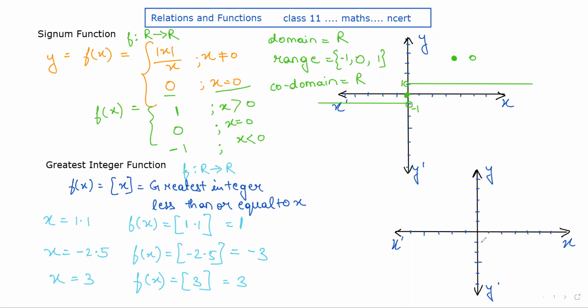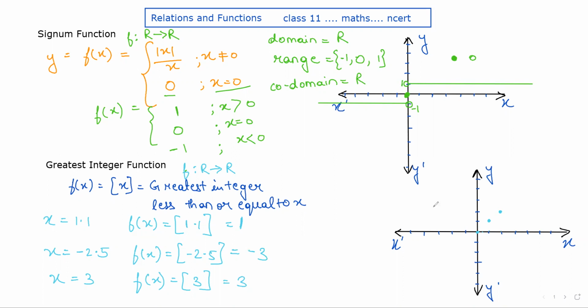Now, what about those infinite values of x? Let's consider the values from 0 to 1. In the identity function, if you place x equals 0, your y should be equal to 0, the same value. If you place x equals 1, your y should be equal to 1. X equals 2, y equals 2, because for the same value of x, you're getting the same value of y. If you're taking the values from x equals 0 to 0.9, for all these values, 0.1, 0.2, 0.3, the greatest integer less than or equal to x is 0.